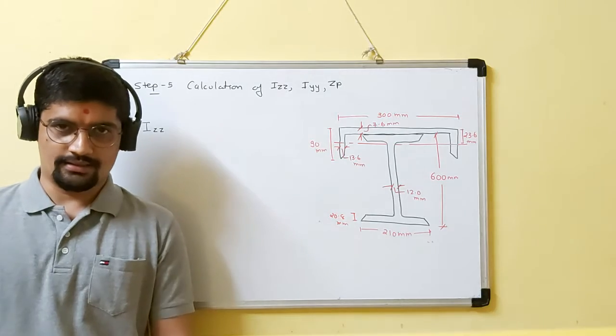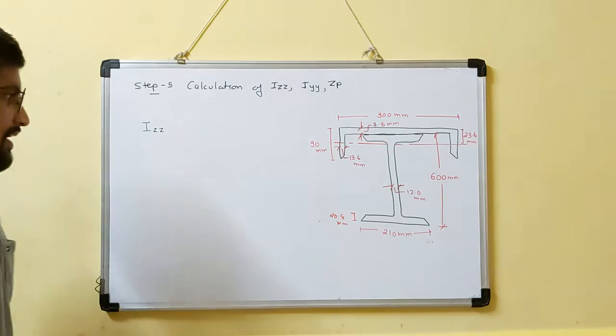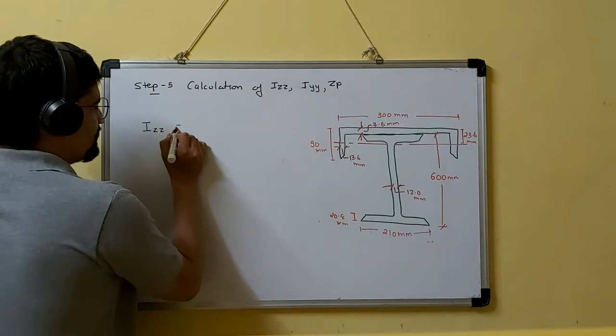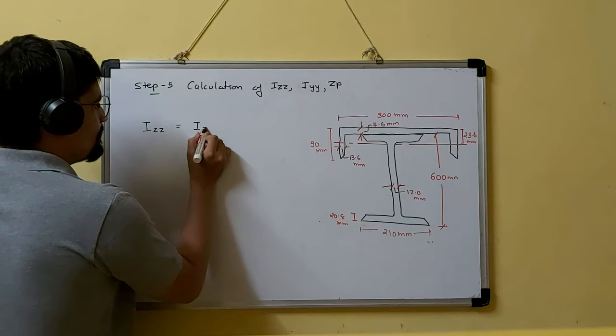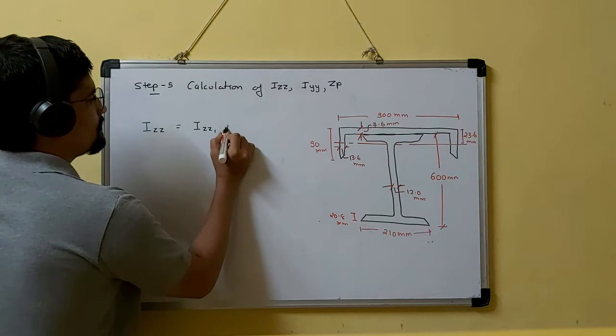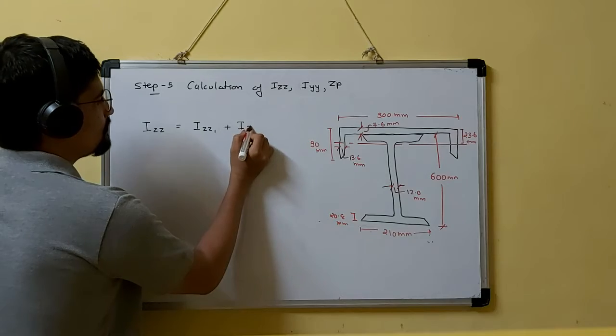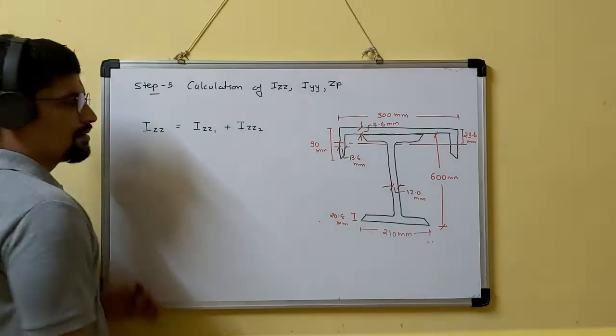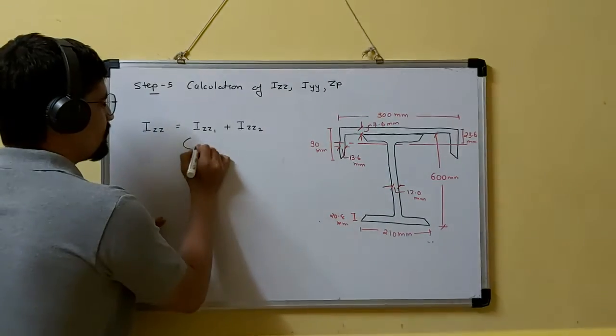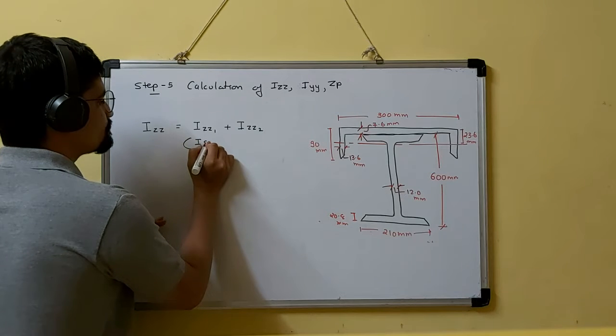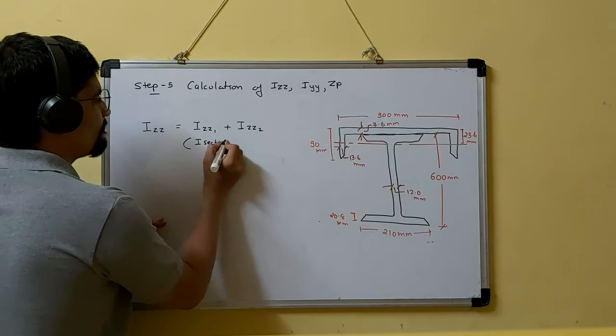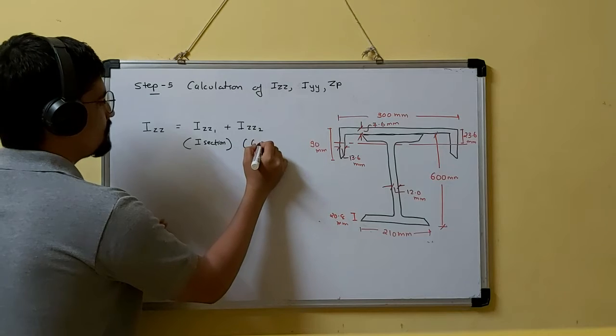IZZ. There are two sections, the I section and the C section. So IZZ will be IZZ1 plus IZZ2, where IZZ1 is for the I section and IZZ2 is for the C section.